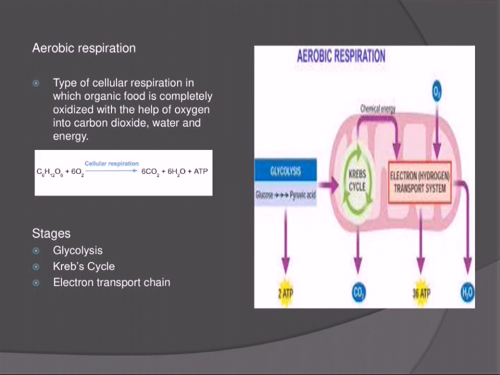In Krebs cycle, pyruvic acid got oxidized to carbon dioxide, and FADH2 is also generated as a byproduct. These two molecules are further oxidized to NAD plus and FAD plus ions to release energy via electrons.